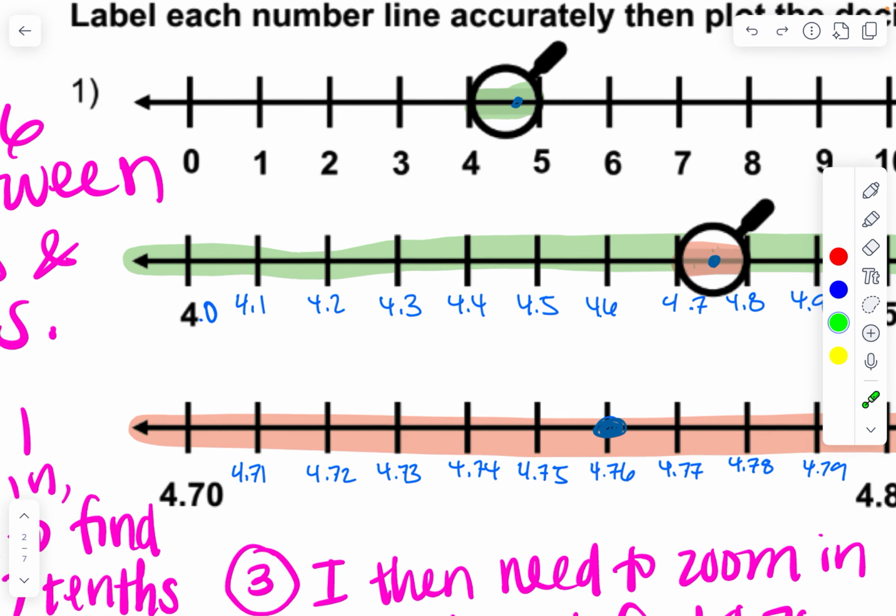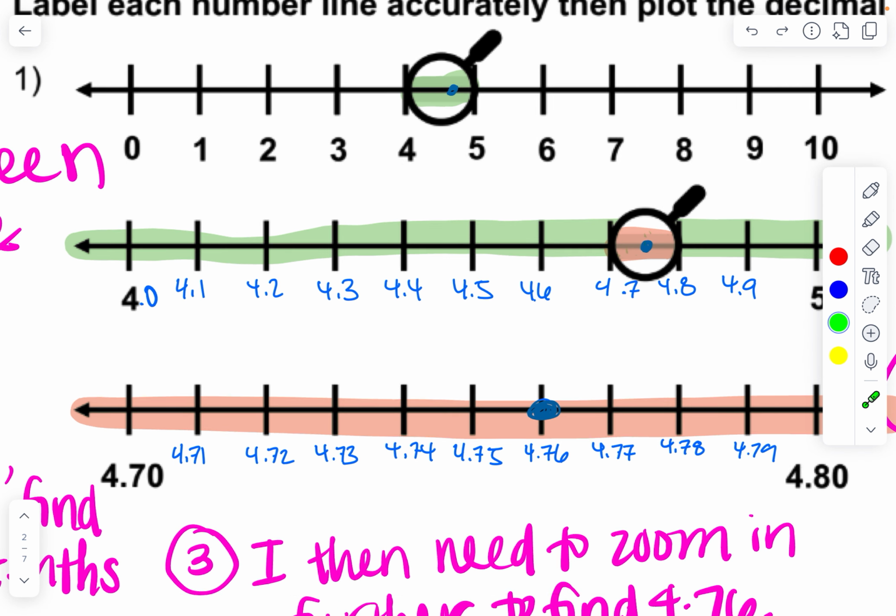Notice that we have put the 0 in the hundredths place as a placeholder so that we can help ourselves conceptualize the hundredths. So we have 4 and 70 hundredths, 71, 72, 73, 74, 75, 76, 77, 78, 79, and 80. Okay, class. Now, are we able to identify 4 and 76 hundredths on the number line? Yes, it's right here.